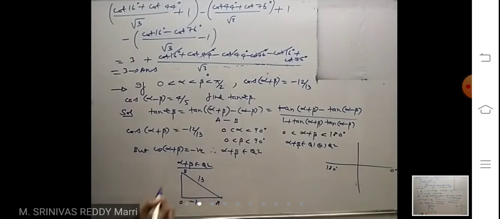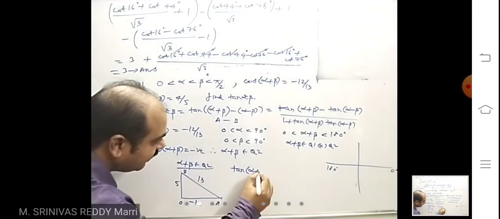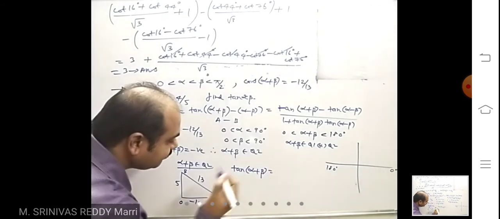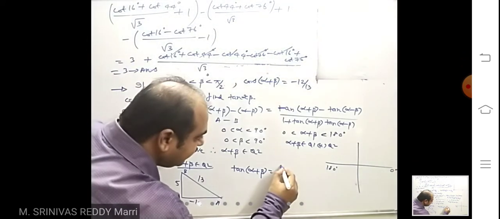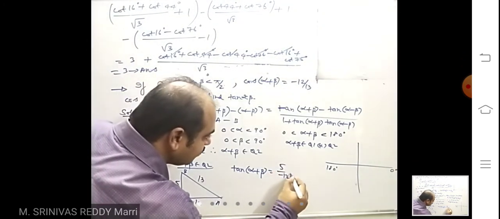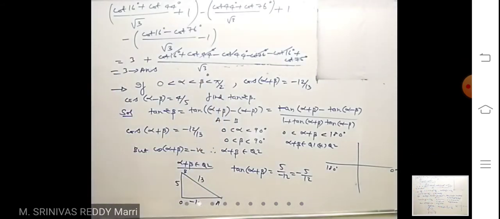The other leg we will calculate as root of 169 minus 144, which is 5. X is negative, y is positive. From this you can say tan of alpha plus beta is opposite by adjacent, which is nothing but minus 5 by 12.